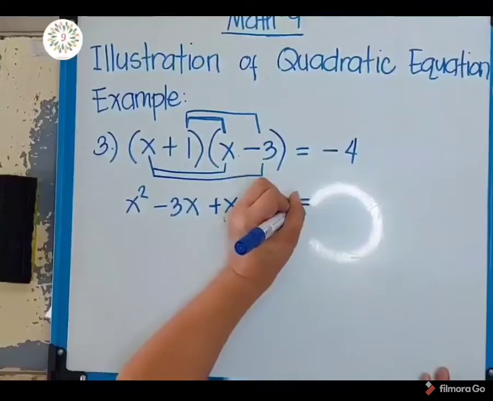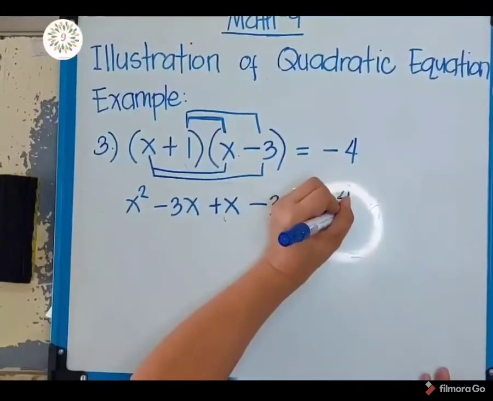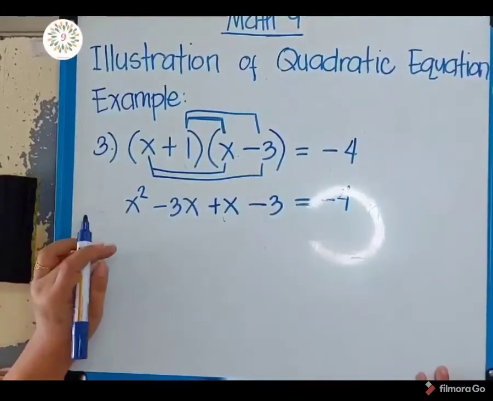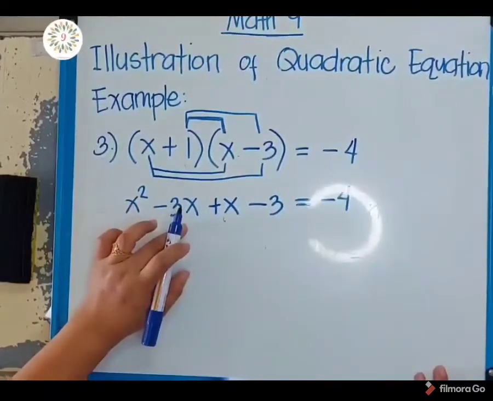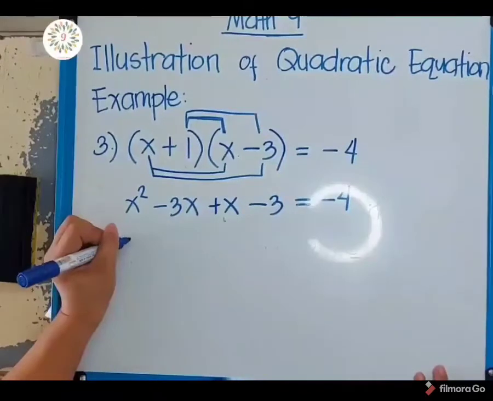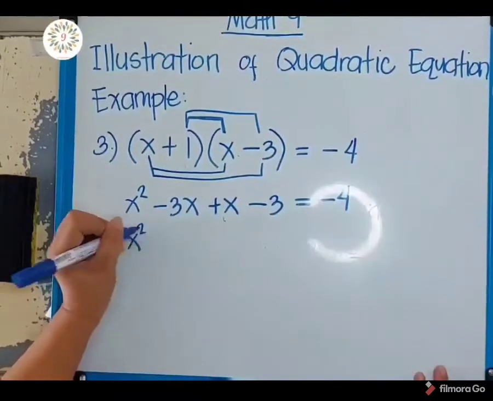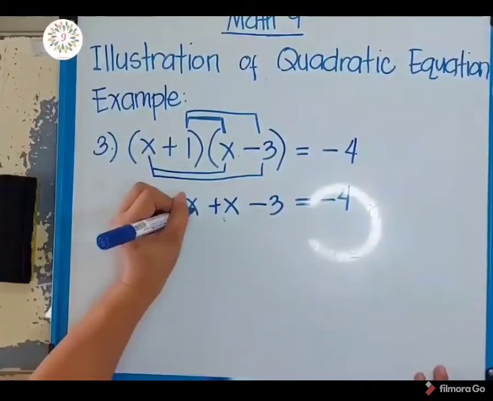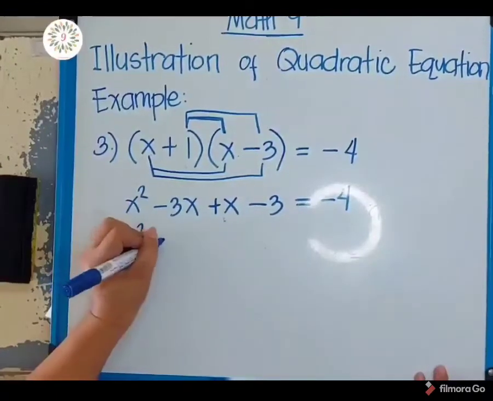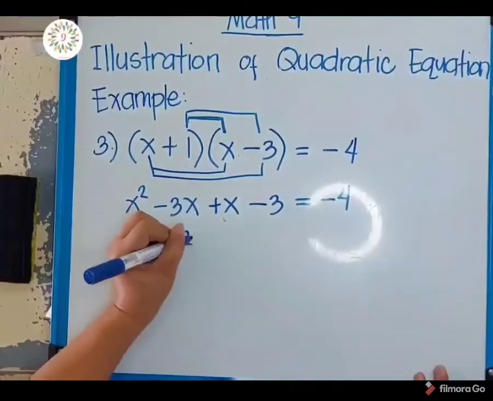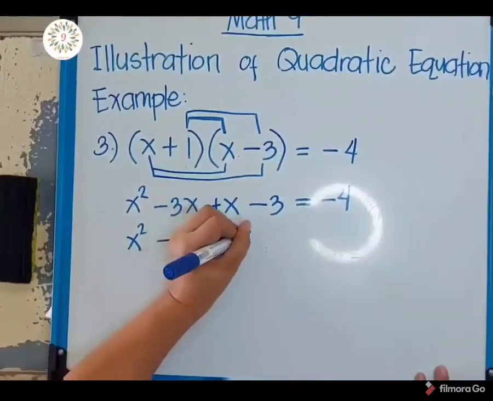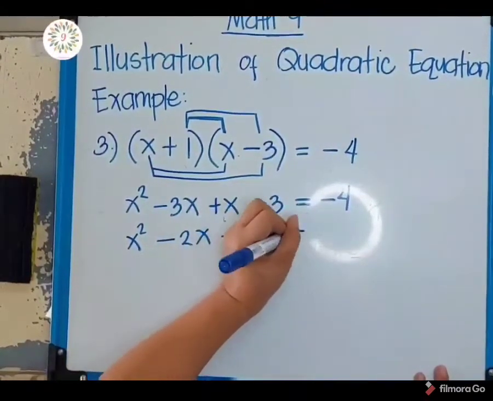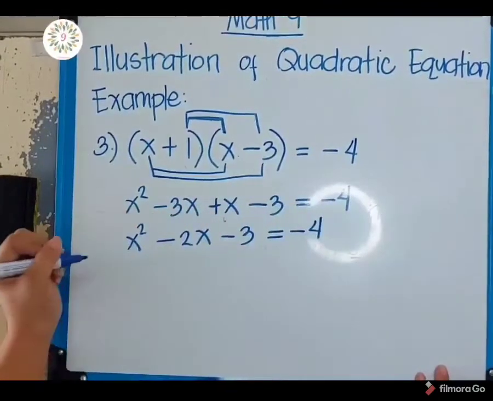Then bring down equals negative 4. What's the next step? We are going to combine the similar terms. So we have x squared. Combine these two, negative 3x plus x, that is negative 2x. And then bring down negative 3 equals negative 4.